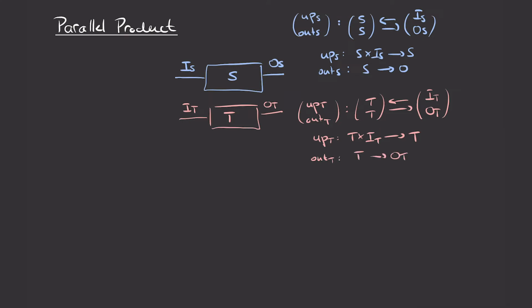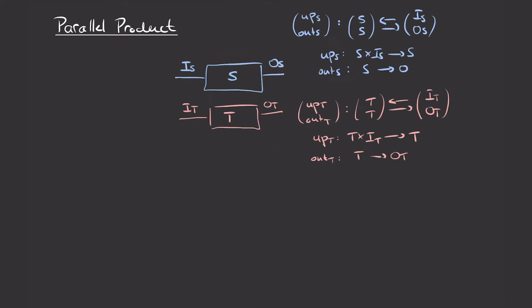All right, now let's think about what it means to have these two systems running in parallel. So the way I've drawn it is I've drawn S above T, and the conceptual move we're making here is that we're considering this entire thing, S and T together, as one big system.